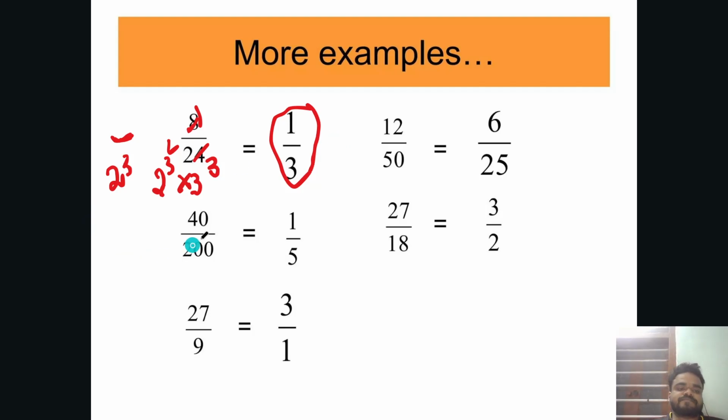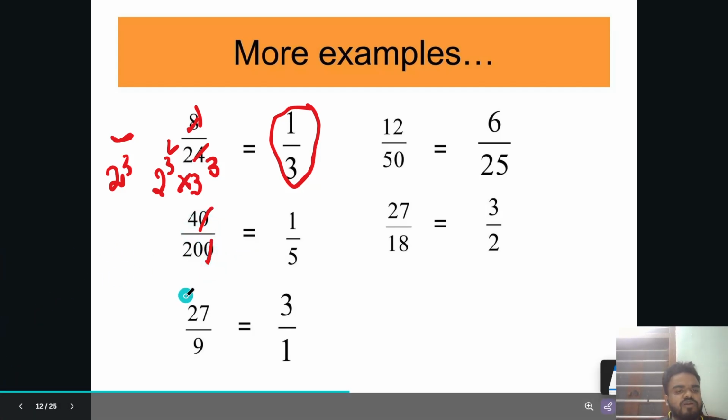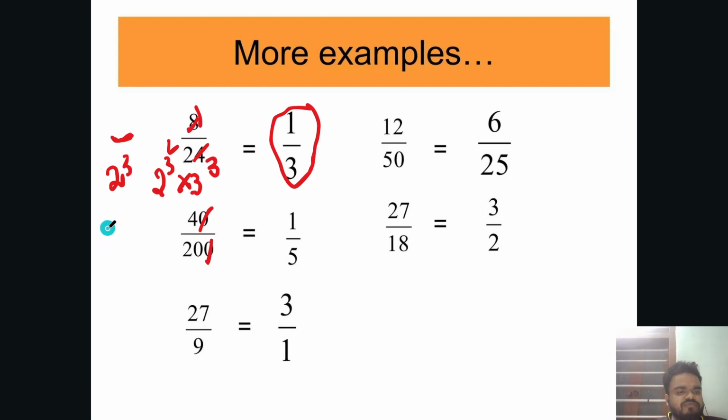Here, one more question. 400 by 200. 0 will get cancelled. What is the HCF of 4 and 20? First find the factors. 2 square, then 2 square into 5.